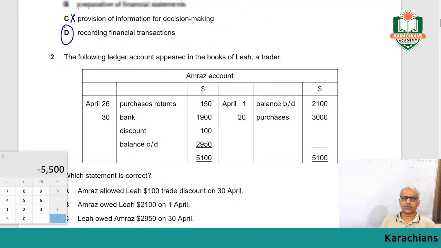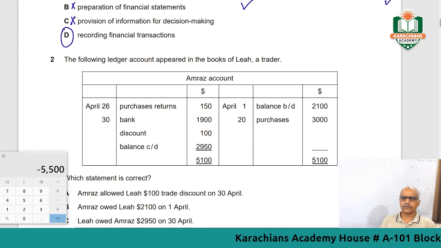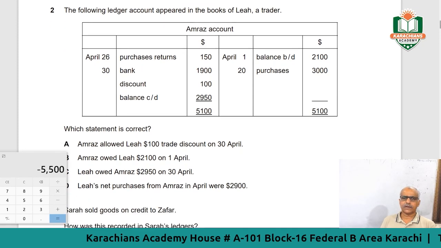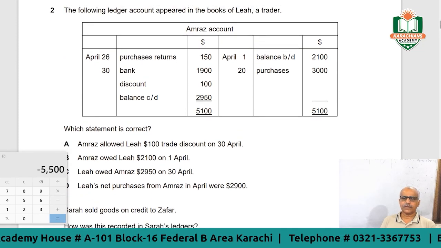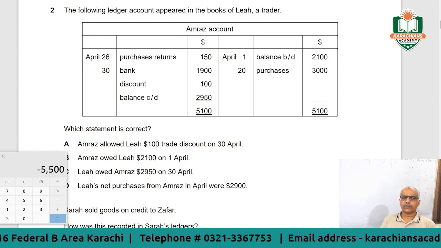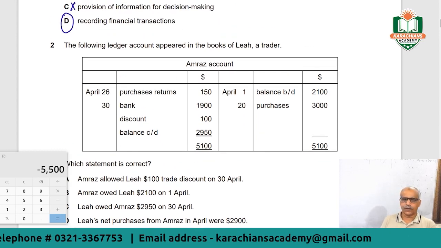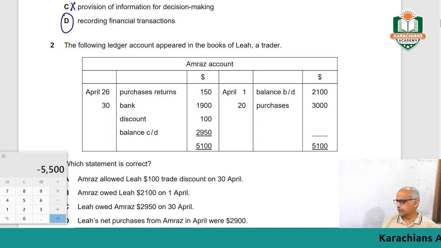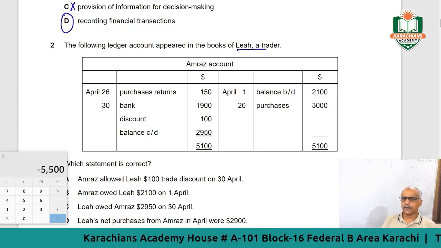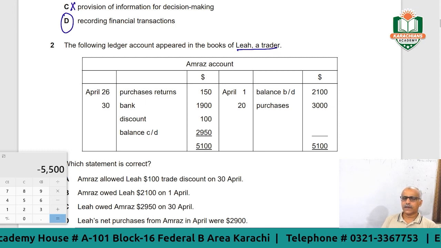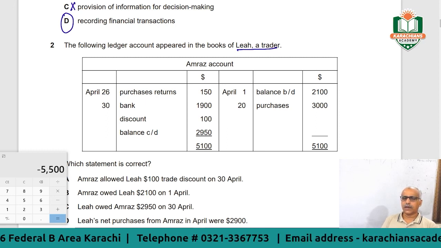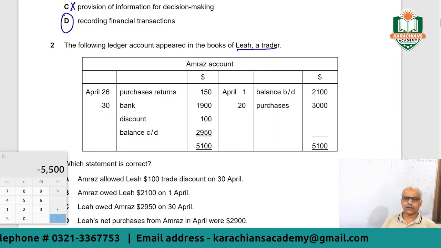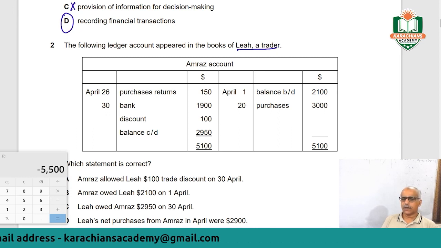Let's move on to question number 2. The following ledger account appeared in the books of Lee, a trader. You see Amre's account.